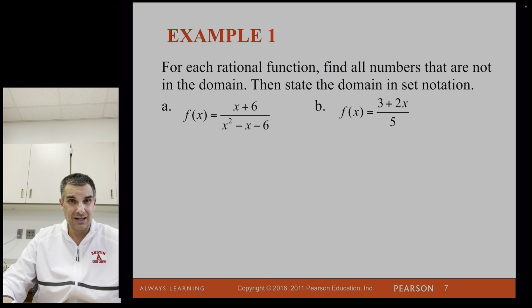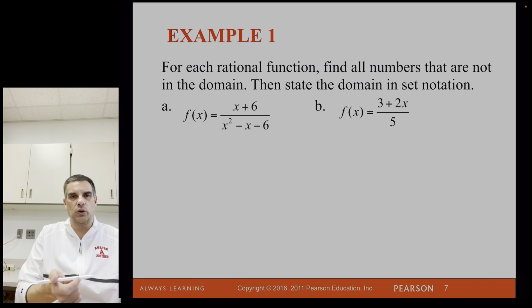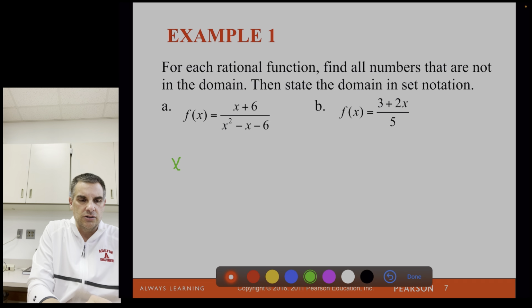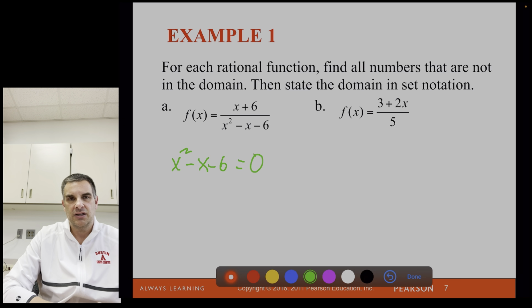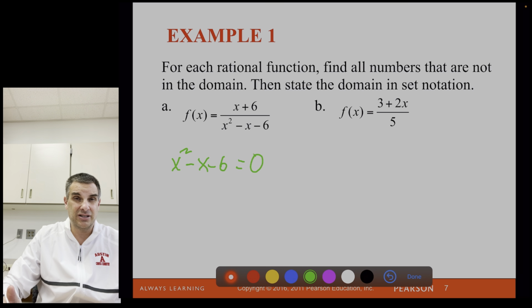For part A, we've got x squared minus x minus 6. If we're looking for the domain, it's all reals except for where the denominator equals 0. So we would set x squared minus x minus 6 equal to 0. Now we're back into the last unit of chapter 6 where we talked about factoring and solving.